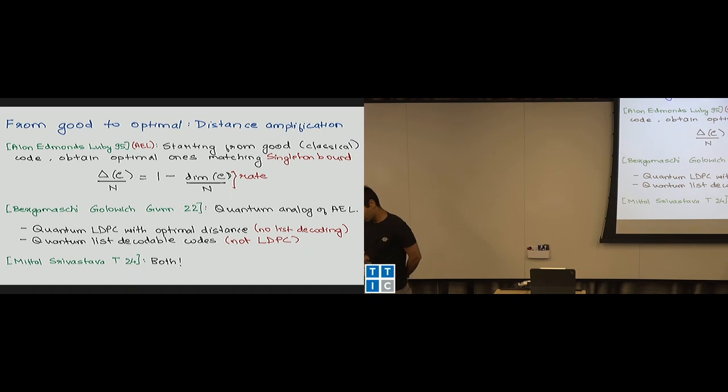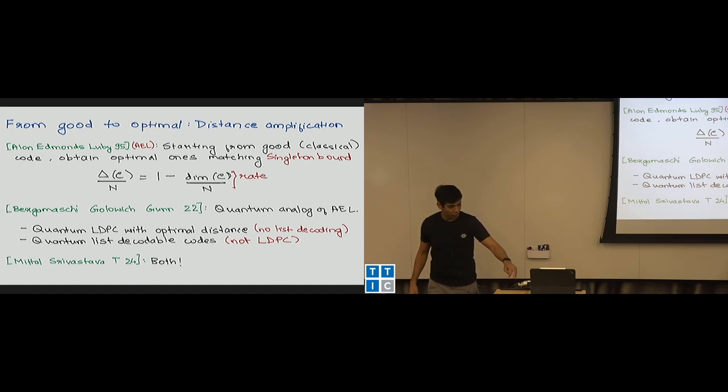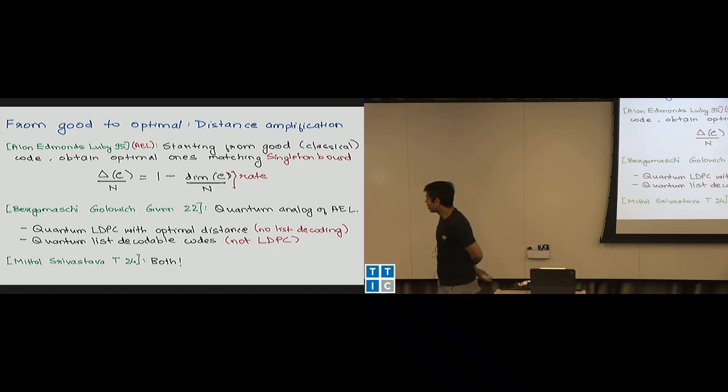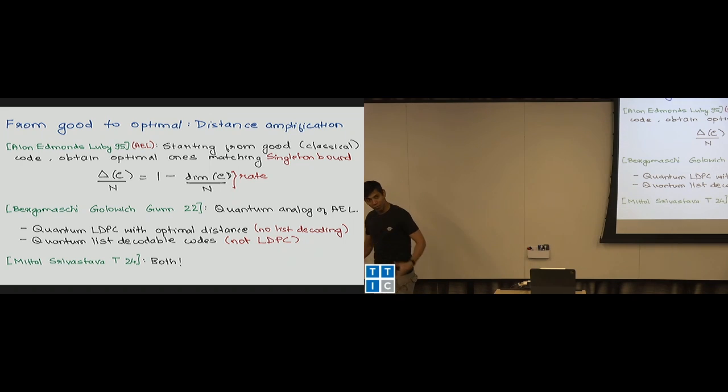The original motivation was different, approximate quantum error correction and so on, but let me say what they get in terms of distance amplification or optimal parameters. Using this, starting with the quantum LDPC code constructions on the previous slide, they could get quantum LDPC codes with optimal distance parameters.